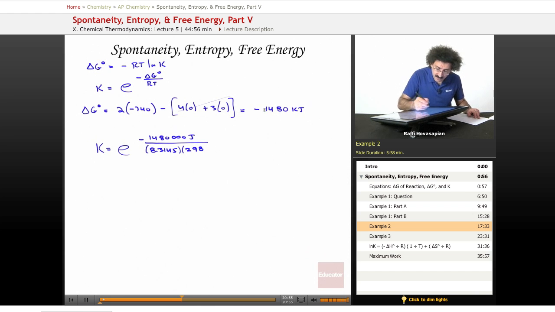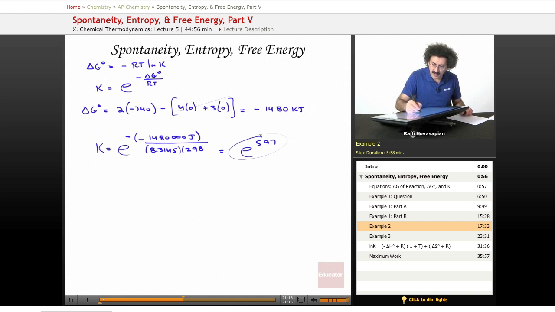I'm sorry, this is minus, so minus. That minus sign is not part of the delta G. So minus delta G is negative, so it's minus minus. There we go. So when we do the math, we end up with e to the 597.